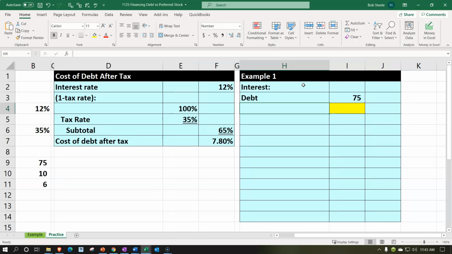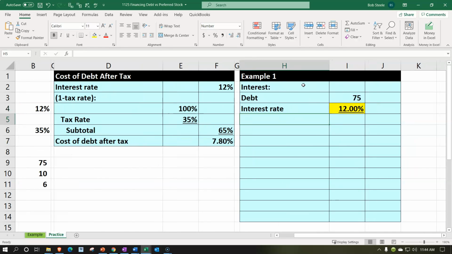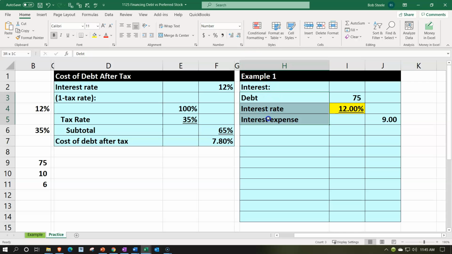If we had the debt for that, the interest rate on the debt side of things is that 12%. Then we could say that the interest expense on average is going to be equal to the 75 times the 12%. Going to add a couple decimals there. Then I'm going to select these three items, go to the alignment, indent it, and then indent this one again.